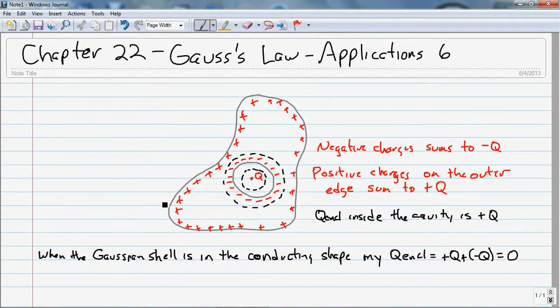And now let's extend the Gaussian shell outside.